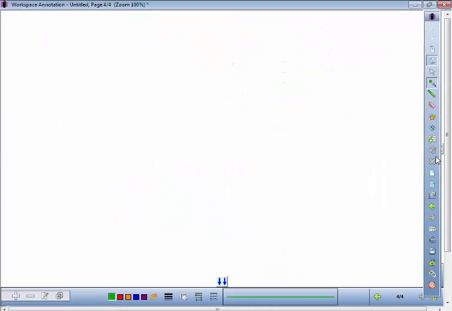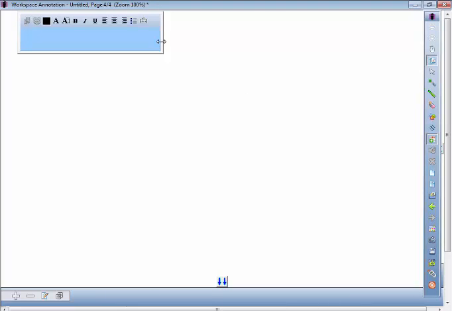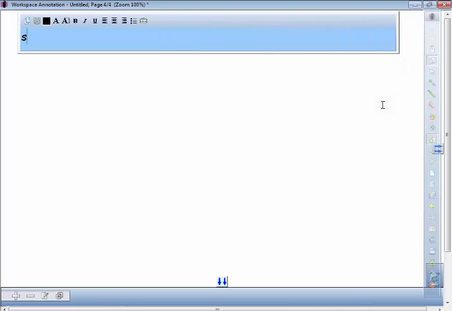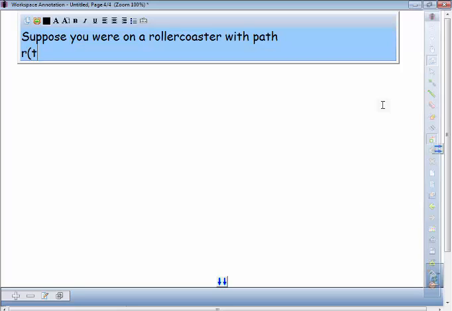All right, let's make up the problem. So suppose you're on a roller coaster with path, what was the path again? r of t equals cosine 4t, t, and sine 4t.